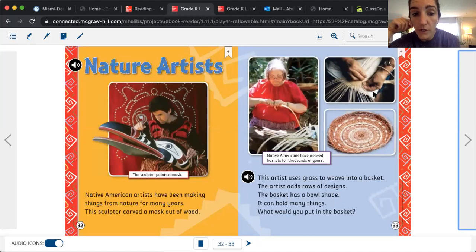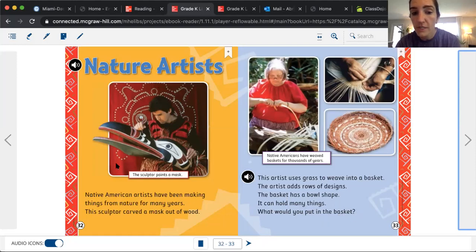Do you remember what wood comes from? Trees, right? The trunk of the tree. This artist uses grass to weave into a basket. The artist adds rows of designs. The basket has a bowl shape. It can hold many things. What would you put in the basket?